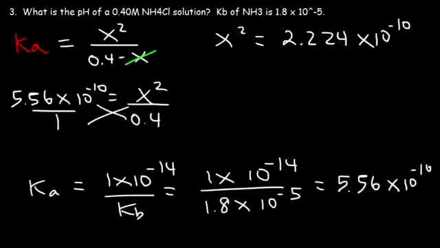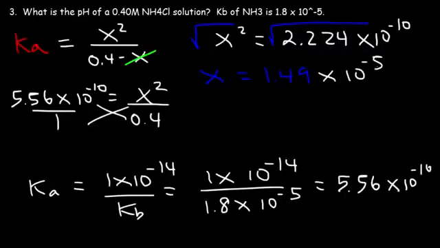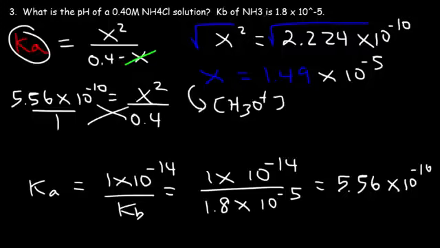As usual, we're going to take the square root of both sides and calculate the value of x. So x is 1.49 times 10 to the minus 5. Now, because we're dealing with Ka, X represents the H3O plus concentration, which means we can now find pH directly.